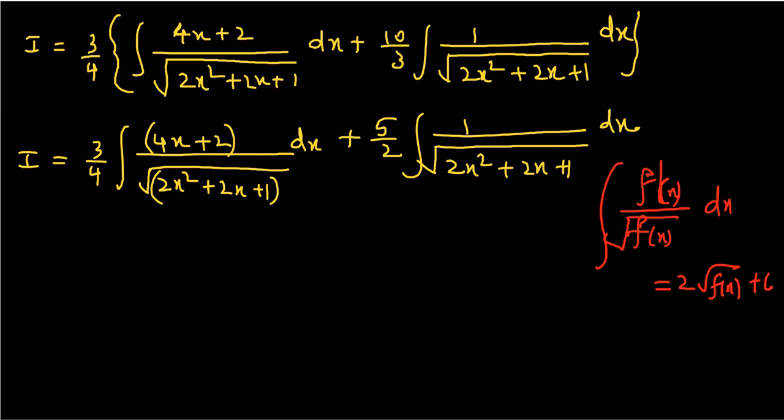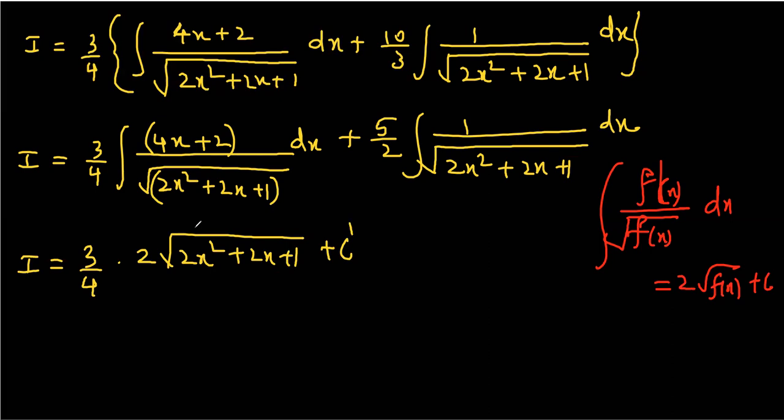The integration here will be I equals to 3 upon 4 into 2 root 2x square plus 2x plus 1 plus c dash, because you integrated, so you write c dash, plus 5 by 2, and I write this as I1. This is my equation number 1. Why I wrote I1? Because this I'll have to integrate separately.